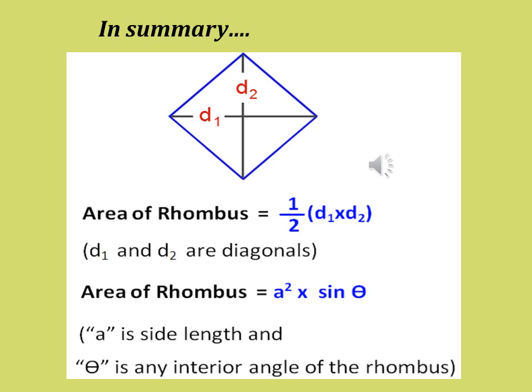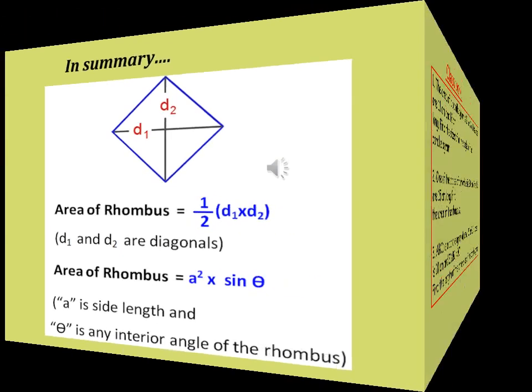The sides have the same length, and therefore instead of saying it is twice a half AB sine theta, it becomes AB sine theta. But A and B are equal, therefore the area of a rhombus is A squared times sine theta. Remember, theta is any interior angle of the rhombus.